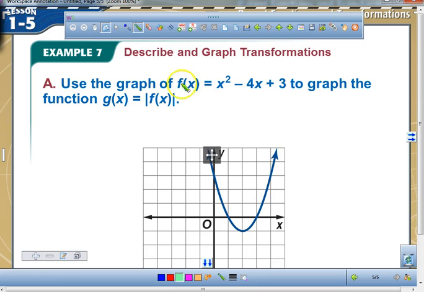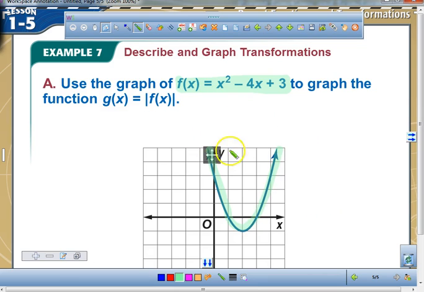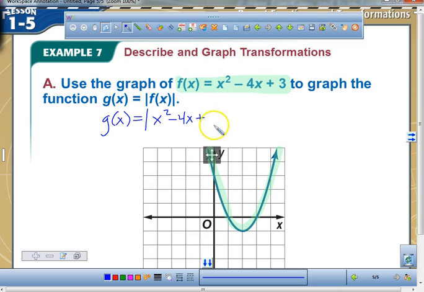All right, everybody. This graph right here is this. Okay, that's what this one is right now. Now it says, if we wanted to graph this one where g of x ends up becoming the absolute value of x squared minus 4x plus 3, which scenario is that one?